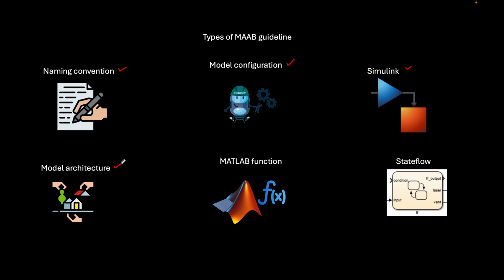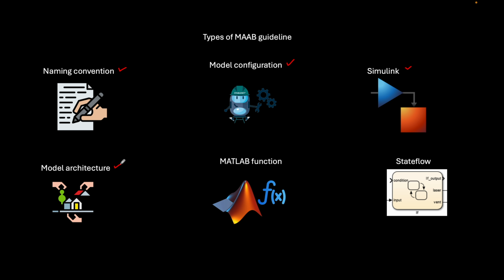Then it also talks about the model architecture. So when you create models either in Stateflow or Simulink, there should be a defined architecture that should be followed. For example, you can create models up to Simulink subsystem up to 3 levels.